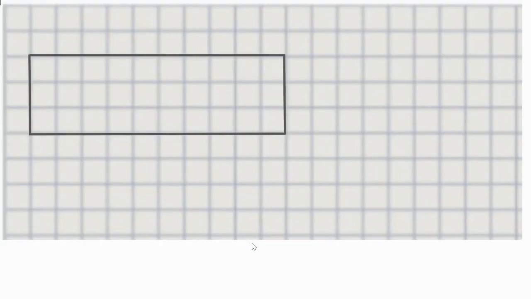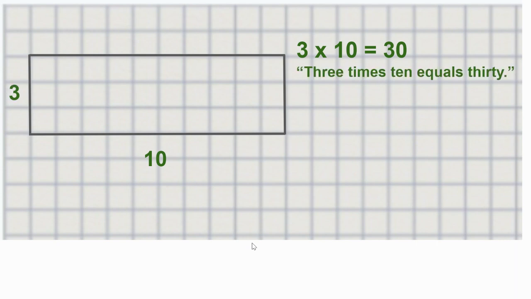Now you can see that instead of 2 high, we now have 3. Our rectangle is growing. So I'm going to draw this one. And you can see the height is 3. But again, the top and the bottom are still 10. Again, that shows us our multiplication fact. 3 times 10 equals 30.